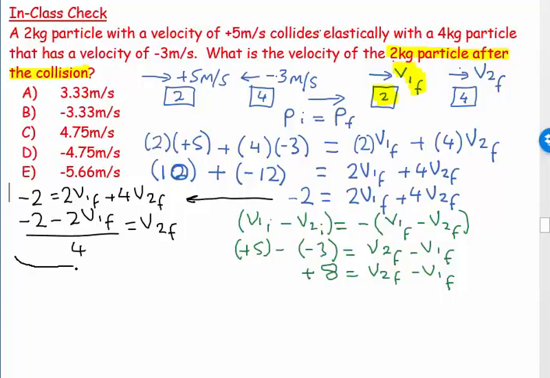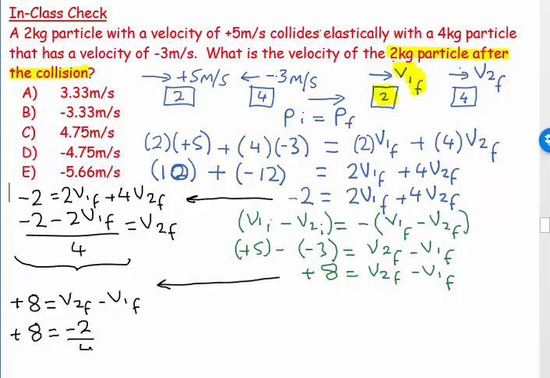And then I take this equation here and I say that plus 8 is equal to v2 final minus v1 final. Well, plus 8 is equal to, I know what v2 final is, minus 2 over 4 minus 2 over 4 v1 final, minus v1 final.